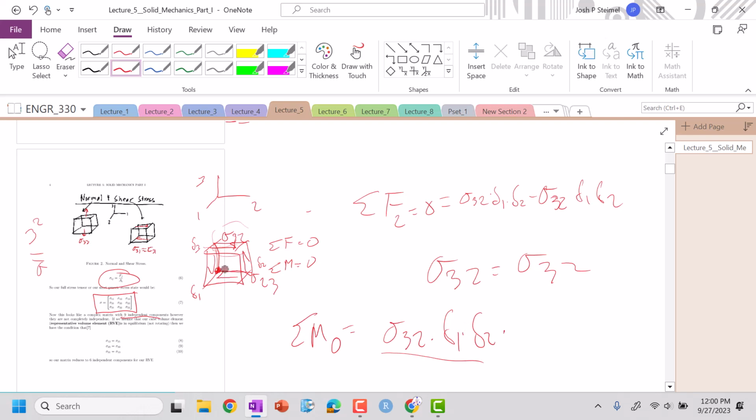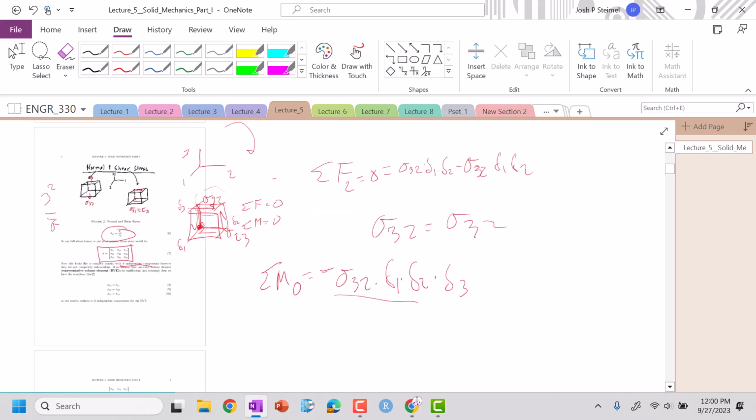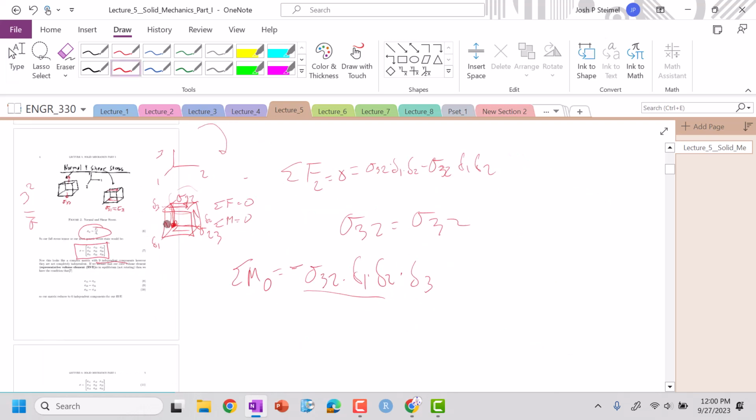So force times a moment arm. My moment arm from the origin O is delta 3. It goes clockwise, so I need to set this to negative. The sum of the moments must be equal to 0. This other force doesn't count because there's no distance between them.